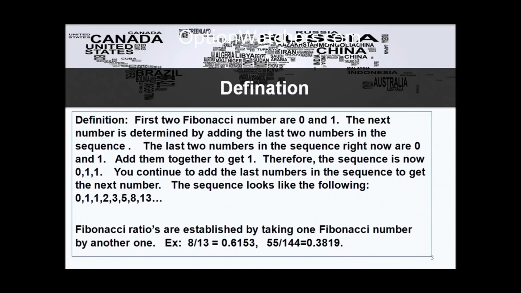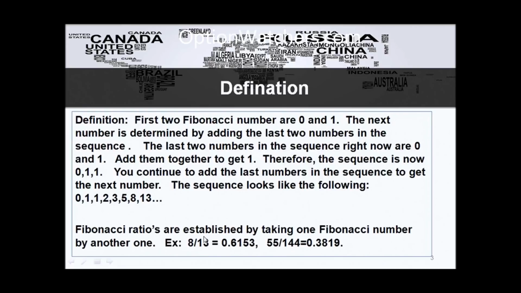Now the Fibonacci numbers come from the ratios. If you take 8 and divide by 13, you get 61.53. Turn that into a percentage, that's basically 61.5% retracement. You see that? 38.2% retracement and so forth. So all Fibonacci's are doing is taking each of these numbers and dividing by the number after it.